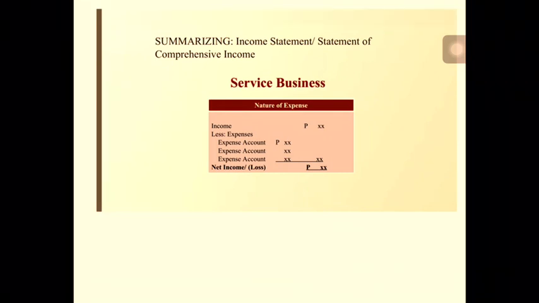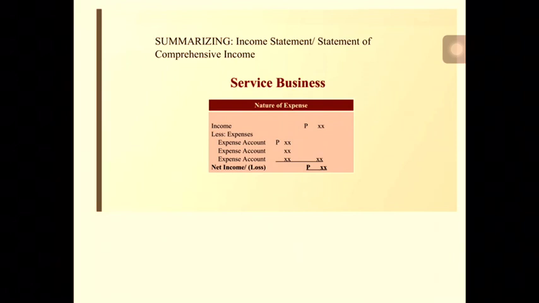All right, so as we discussed a while back, when we prepare an income statement or a statement of comprehensive income for a service type of business, the method or the form that is usually used is the nature of expense method, where we just simply itemize the specific expense accounts in the report.